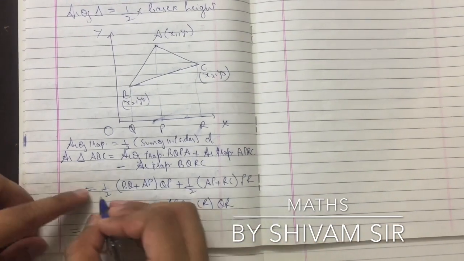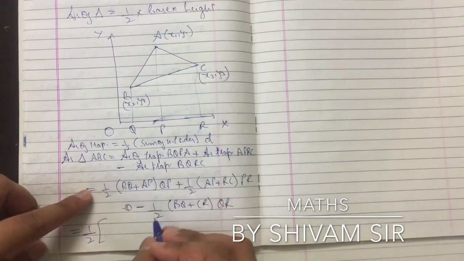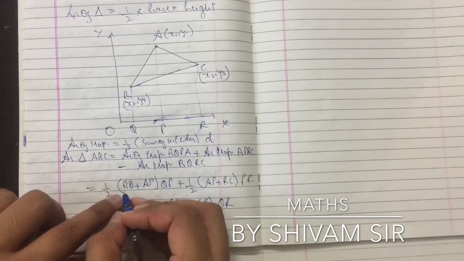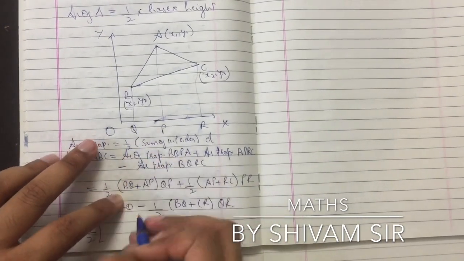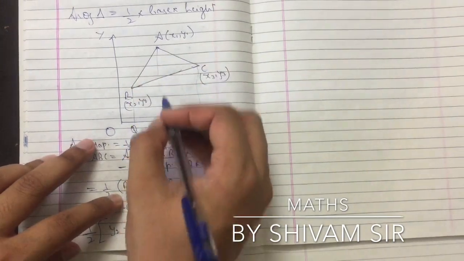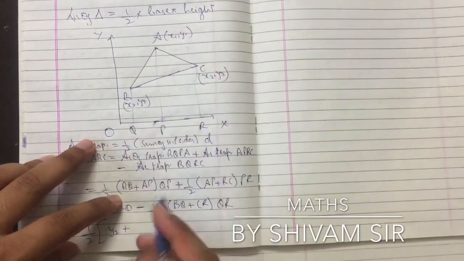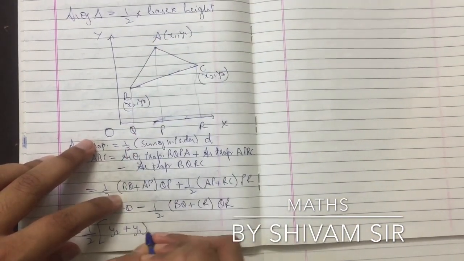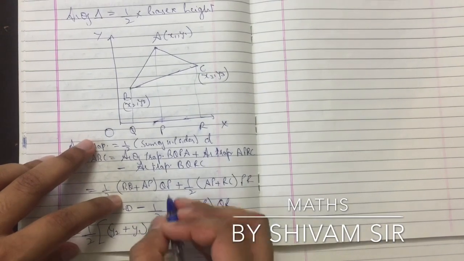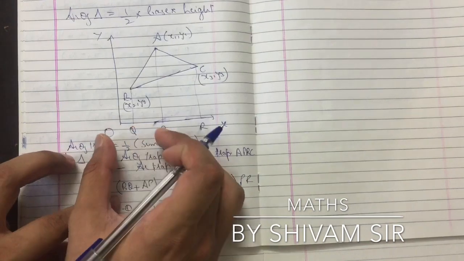So taking half common throughout, half we can take out common. So BQ is what? BQ is y2 plus AP length, which will be equal to y1 because this is the y-axis, so y1. And QP we can write as OP minus OQ.